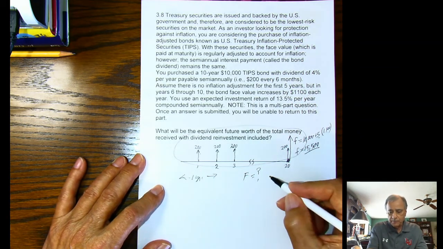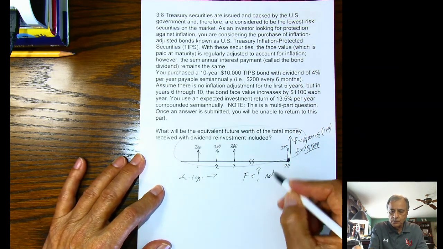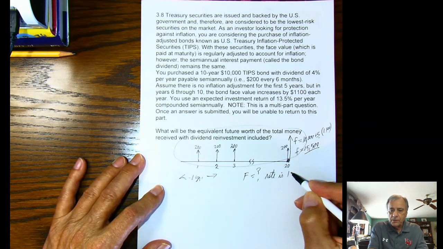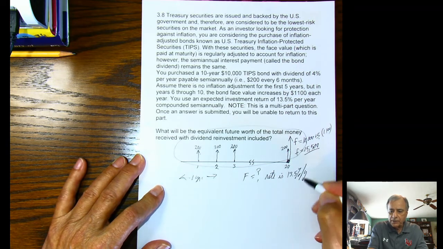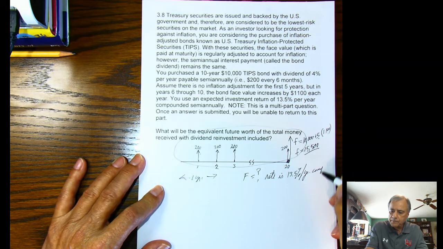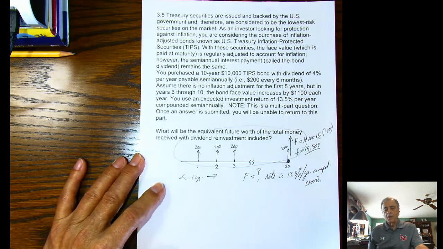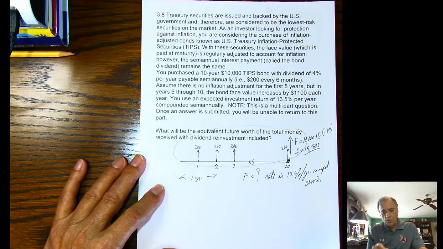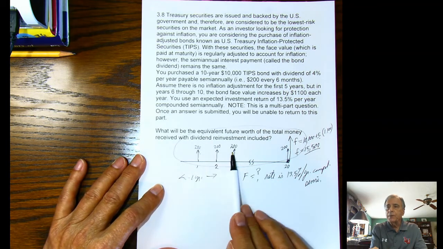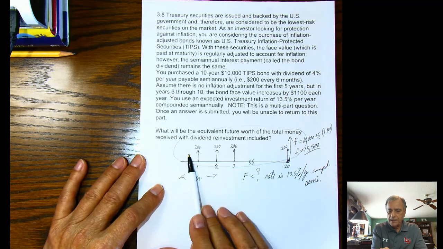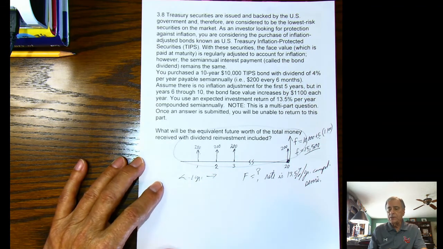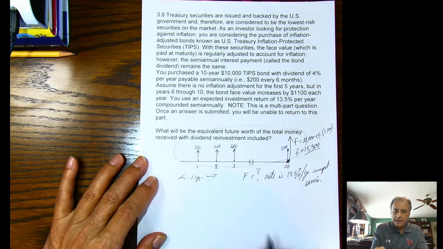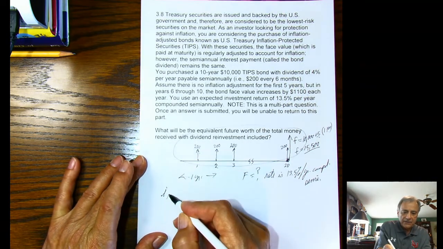The rate is 13.5% per year, compounded semi-annually, twice a year. Well, we've got semi-annual payments. That's a 6-month period here. So what I need is the semi-annual effective rate, I semi-annual.